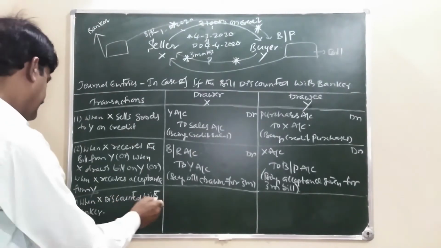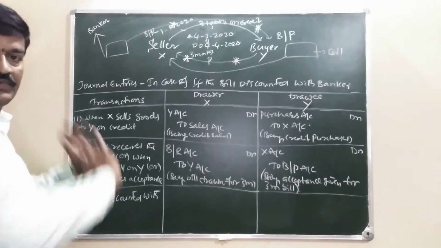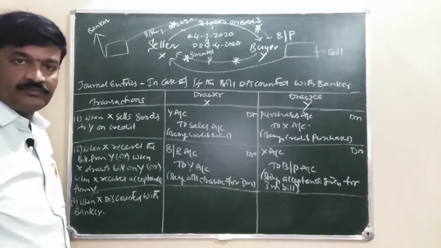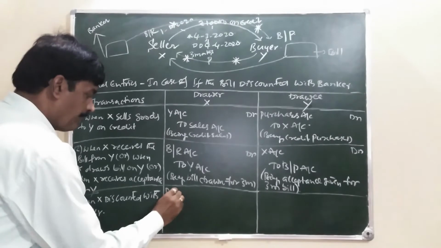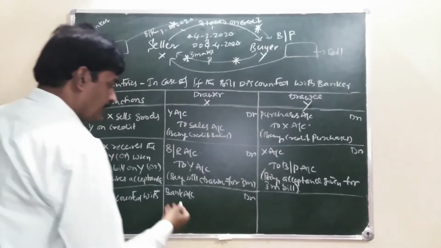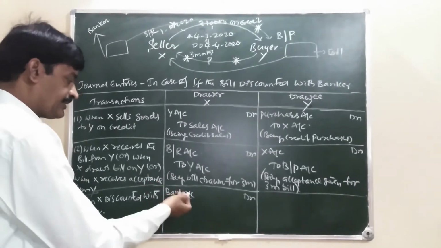When X discounts with the banker, it means X is selling the bill to the banker. The seller is receiving the money. Our bank balance is increasing. Bank account debited. Bank balance is increasing. Our asset is increasing.